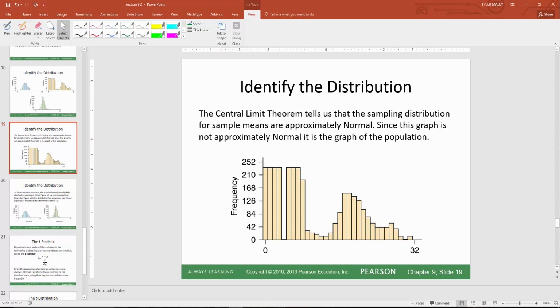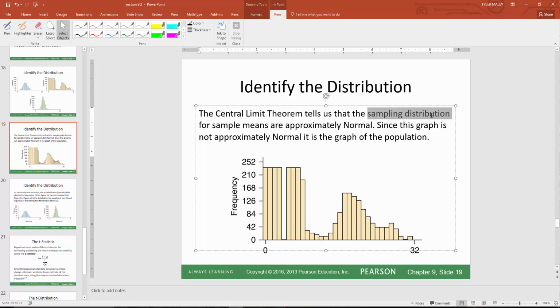Remember, the central limit theorem tells us that the sampling distribution for sample means is approximately normal. It doesn't tell us that the population is approximately normal. So we take a sample of the population, no matter what the population looks like, and we get approximately normal.